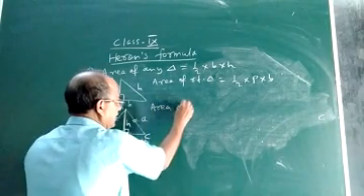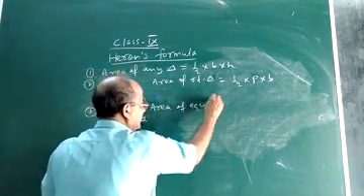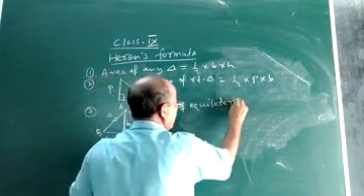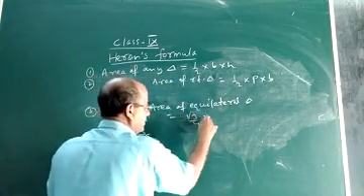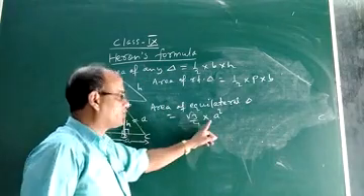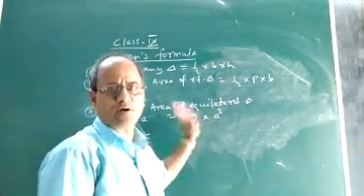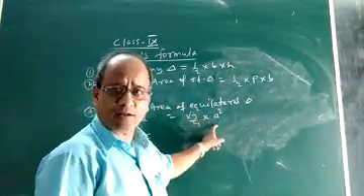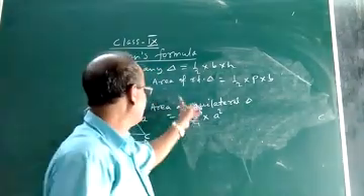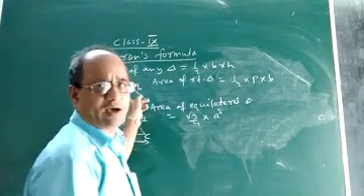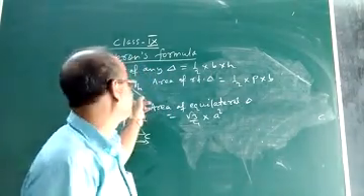You know it. Area of equilateral triangle is root 3 by 4 into S square. S square means square of the side. So using this formula, we can find the area of an equilateral triangle. Using the other formula, we can find the area of a right angle triangle.